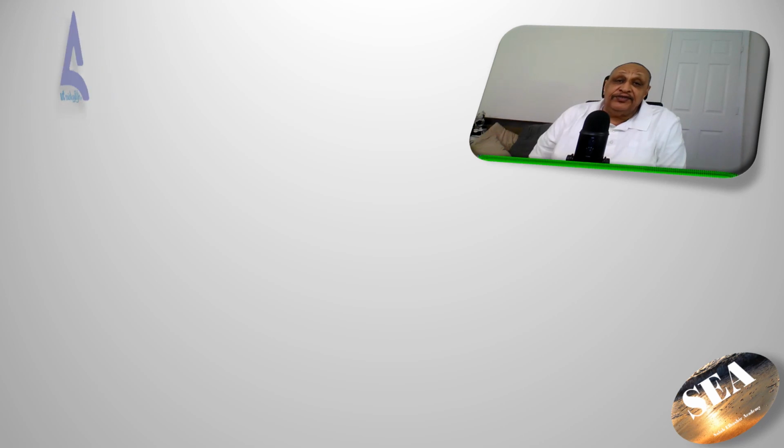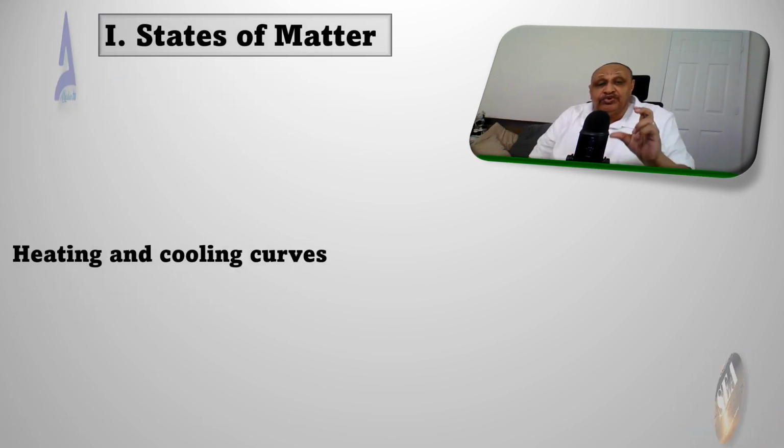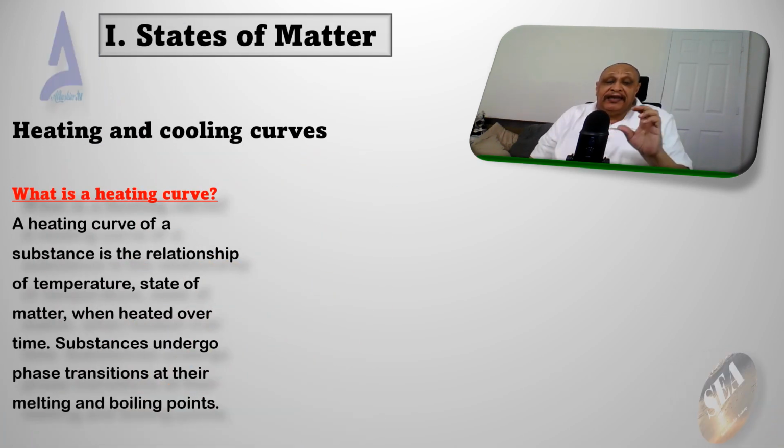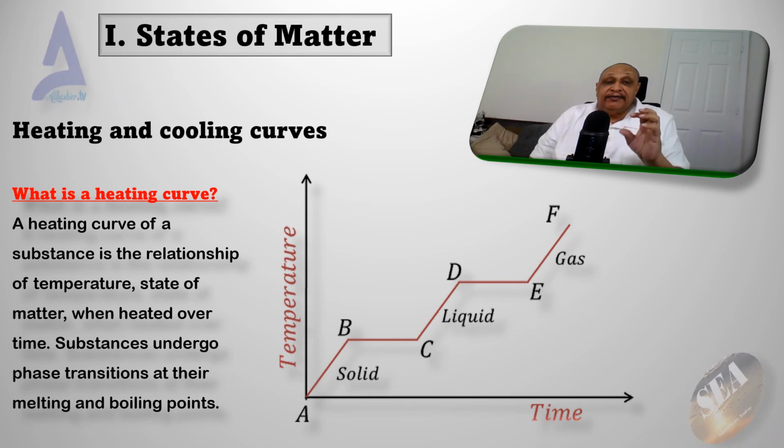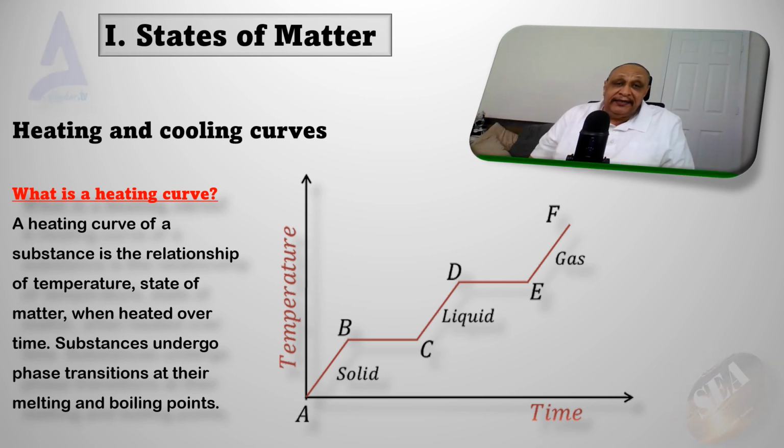For today's episode, we would like to concentrate on 2 topics that are related to each other. It's about 2 curves, the heating and cooling curves. In other words, we would like to see the effect of heating and cooling on a substance.